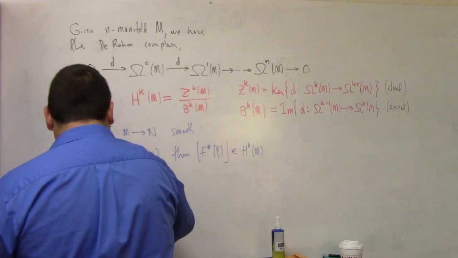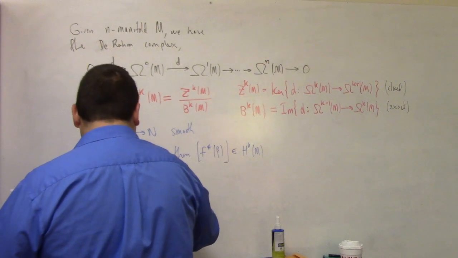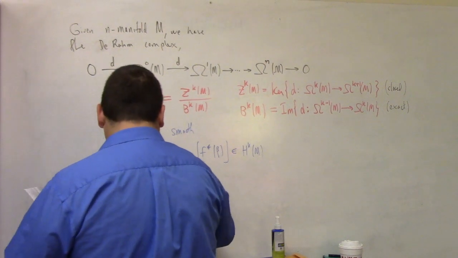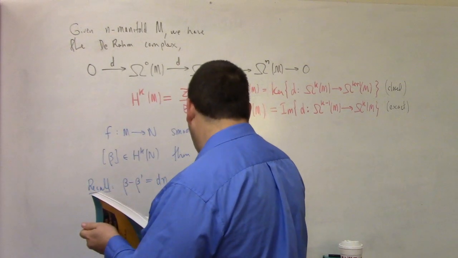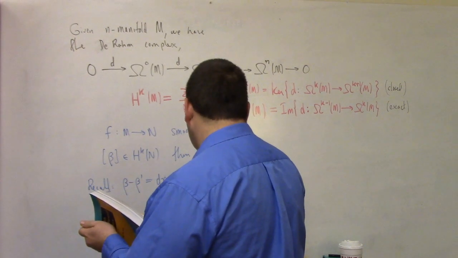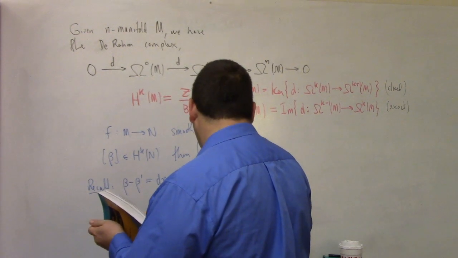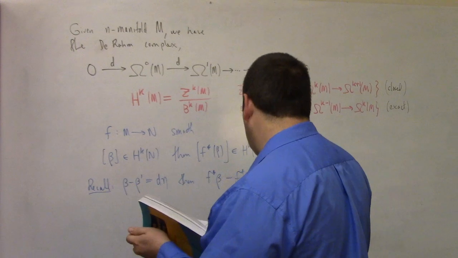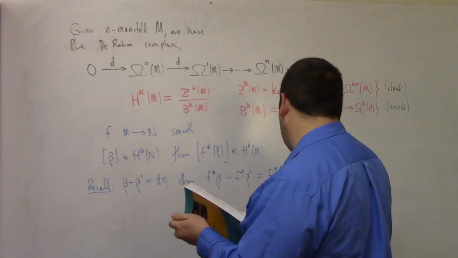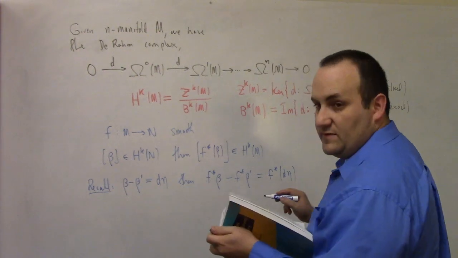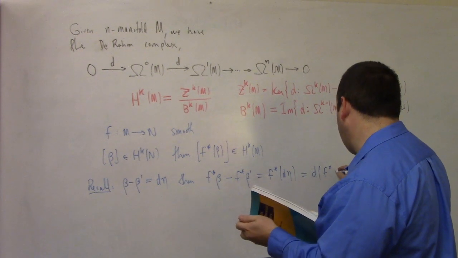If we have beta minus beta prime equal to the differential of eta, then the pullback of beta minus the pullback of beta prime is, of course, the pullback of d eta. But remember, pullbacks commute with exterior derivatives, so this is the differential of the pullback of eta.